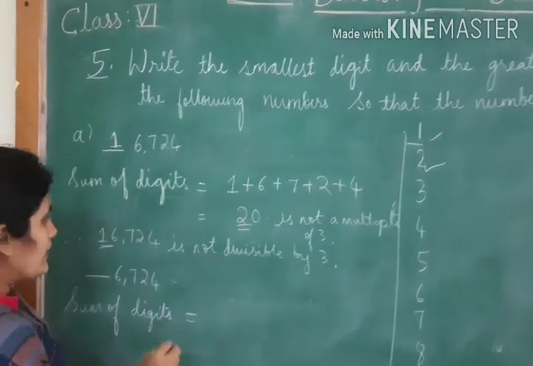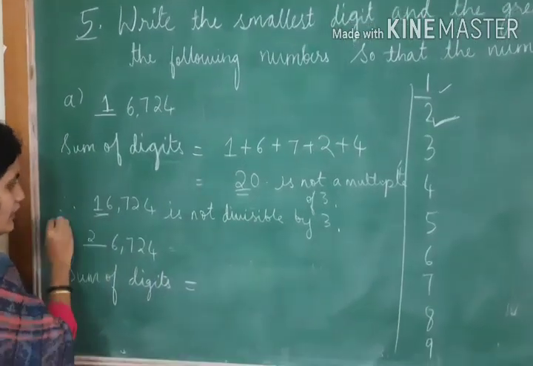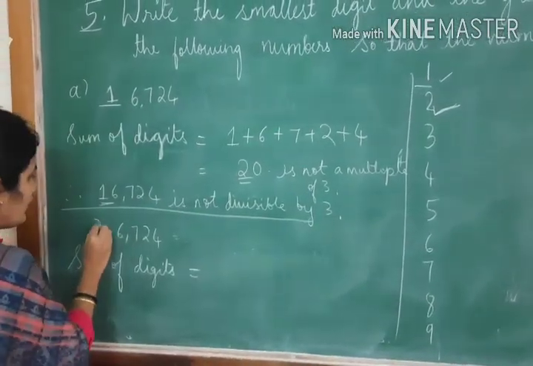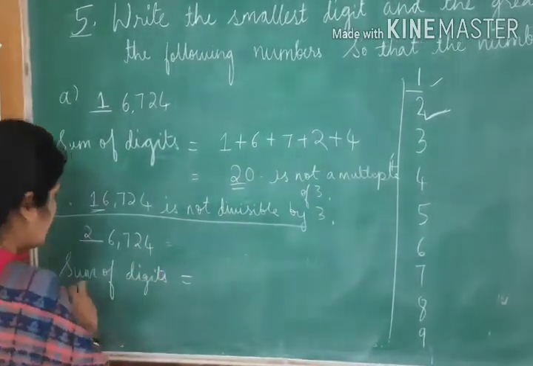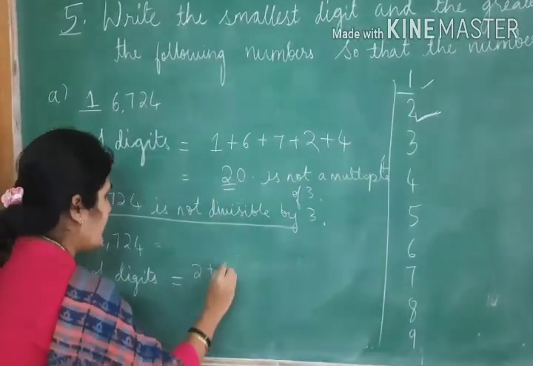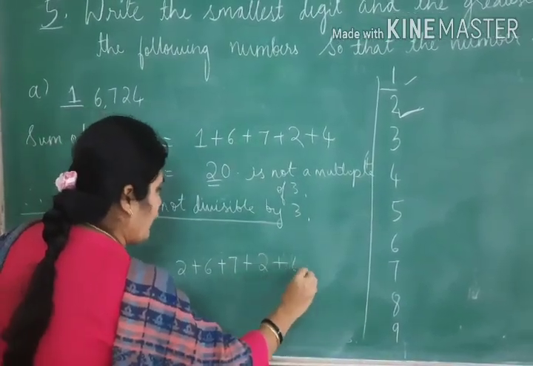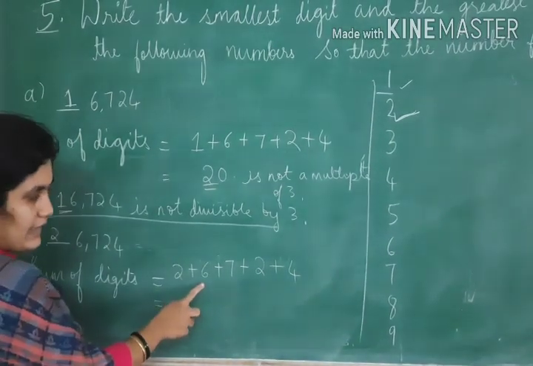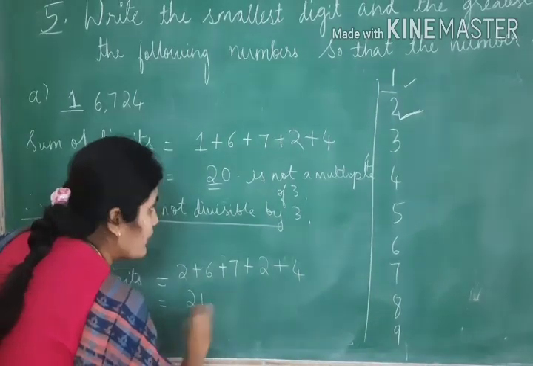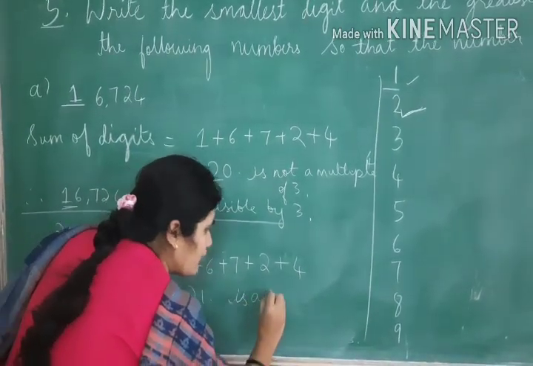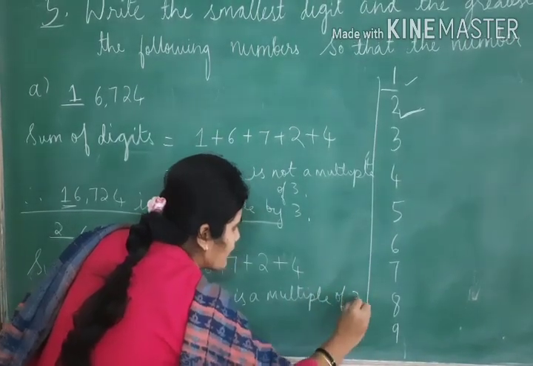Now, let us consider the next number, that is 2. If you consider 2 here, the number formed is 26,724. Now, sum of digits: 2 plus 6 plus 7 plus 2 plus 4. 2 plus 6 is 8, 8 plus 7 is 15, plus 2 is 17, plus 4 is 21. 21 is a multiple of 3.